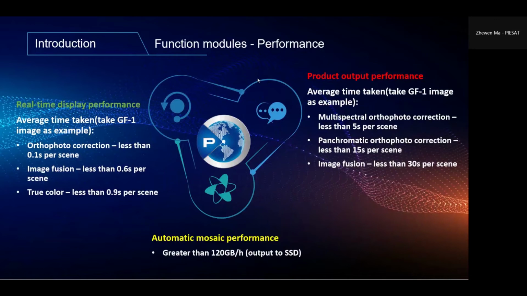And finally, for the automatic mosaic performance, when you output your results onto an SSD, a high-speed hard drive, the output speed is normally greater than 120 gigabytes per hour.